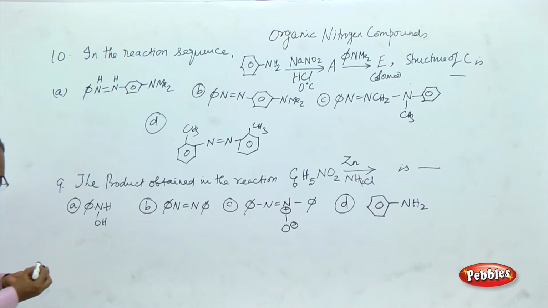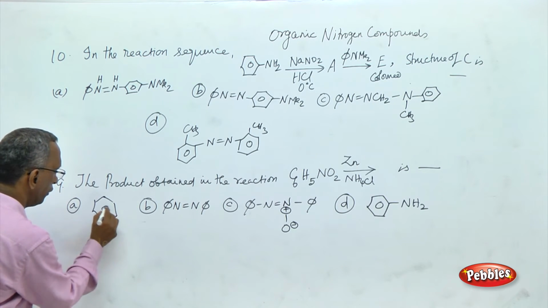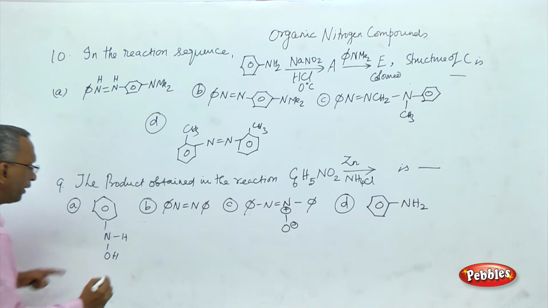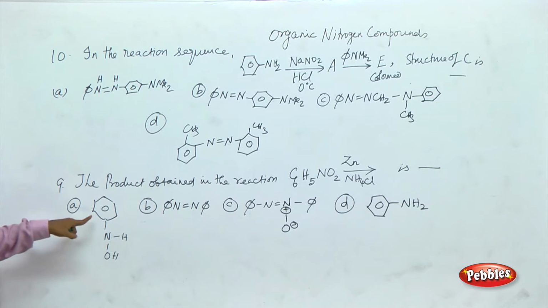C6H5NHOH. This is called phenyl hydroxylamine. C6H5NHOH: NH2OH is called hydroxylamine, in which one hydrogen atom is replaced by a phenyl group. So it is phenyl hydroxylamine.